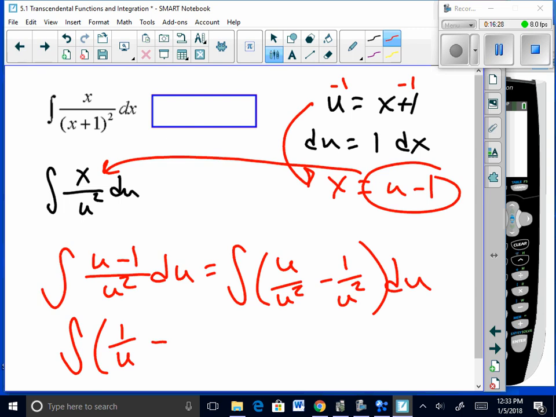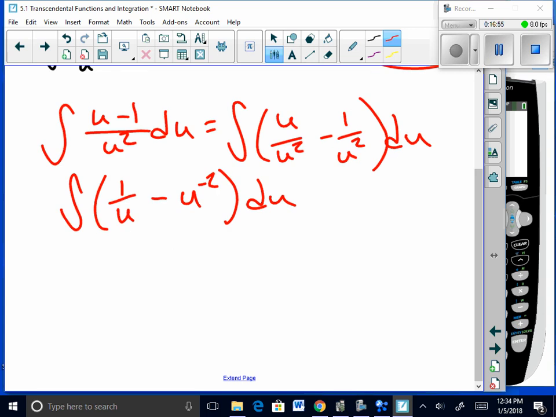And then the 1 over u squared, though, that's not u prime over u. But these are the ones that we've been doing before, where you can bring it up to the top and just add a power times by the reciprocal. So you can treat the two separate fractions differently when you're doing the antiderivative. So that second one, I'm just going to write it as negative u to the negative 2 du.